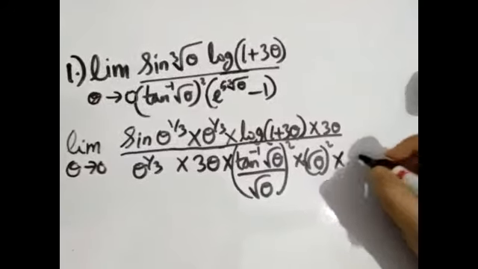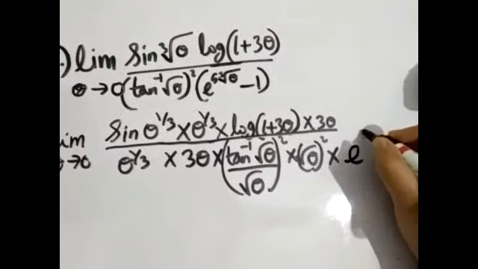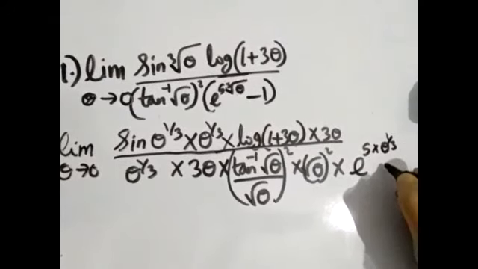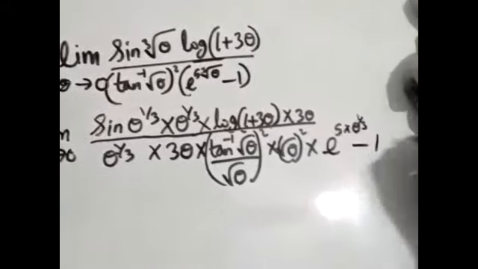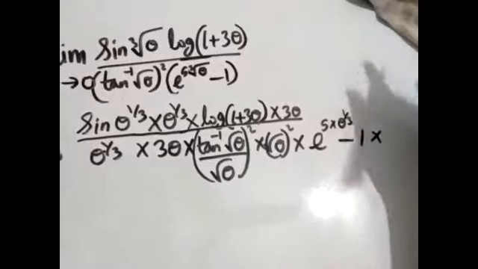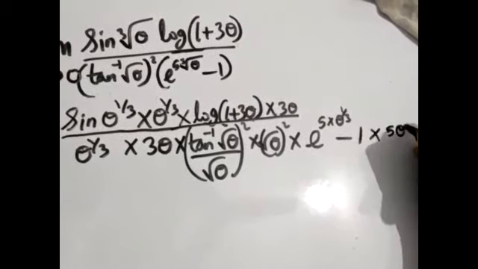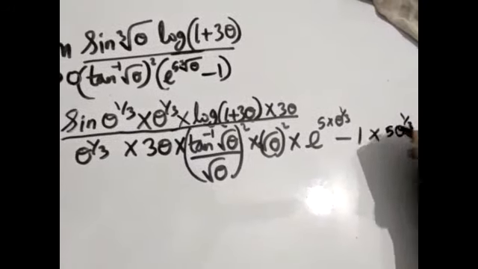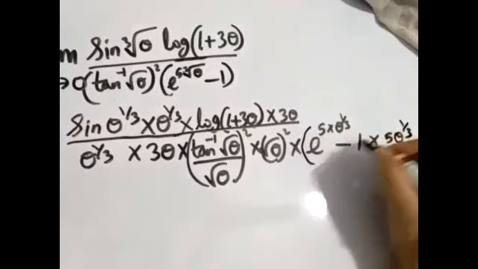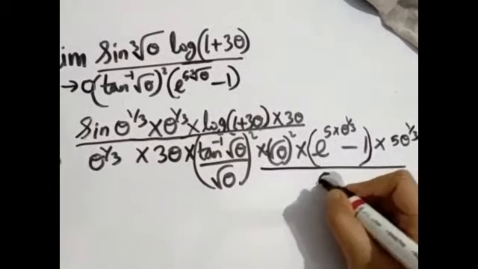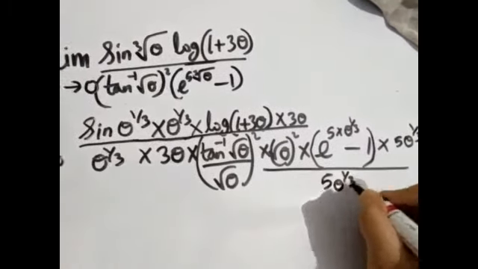Similarly, e raised to 5 multiplied by theta raised to 1 by 3 minus 1, multiplying by 5 into theta raised to 1 by 3 and then dividing it by 5 theta raised to 1 by 3.